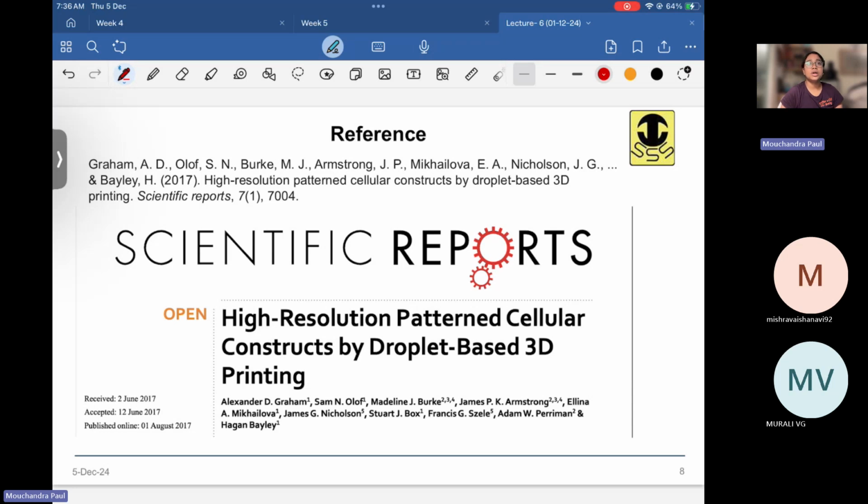So you have to shuffle between bioinks, one after the other, to print multiple cell types. So depending on what technique you use, it changes your entire process of bioprinting altogether, starting from bioink preparation, as we discussed, to processing, post processing.